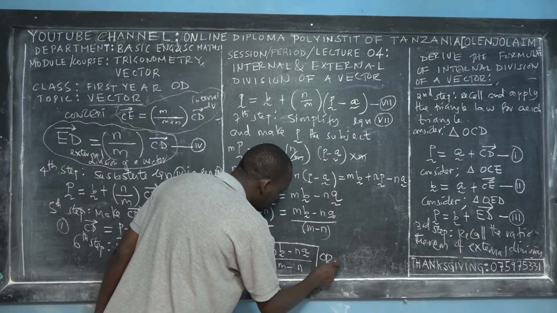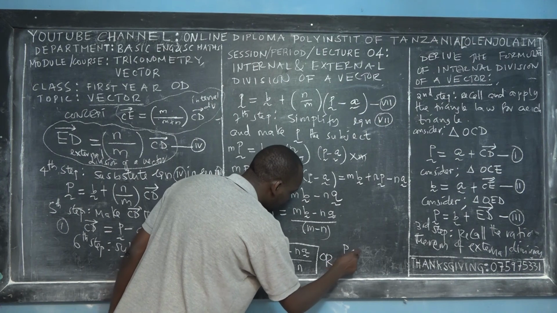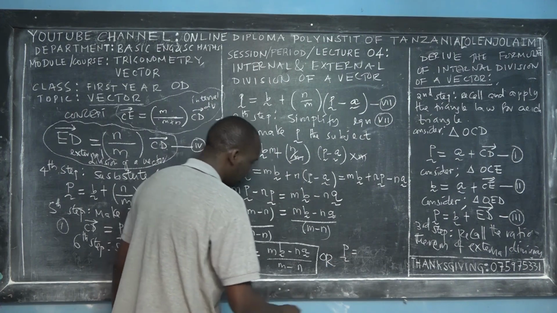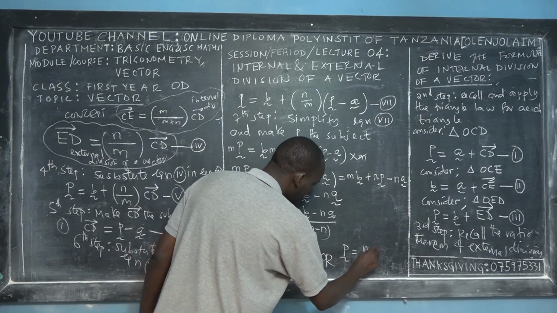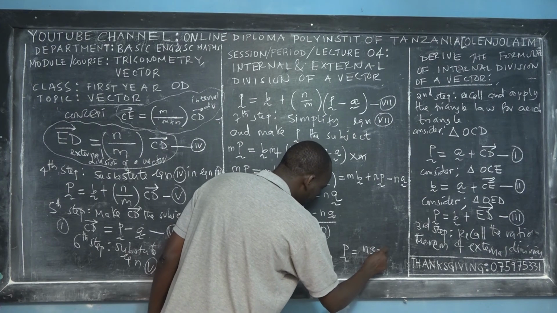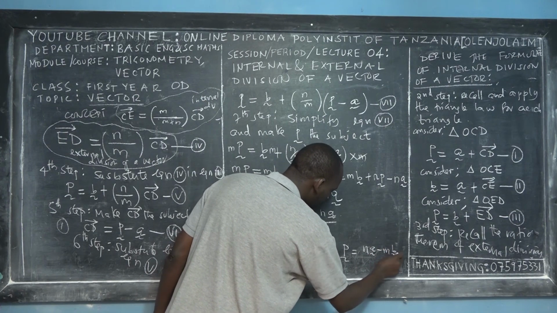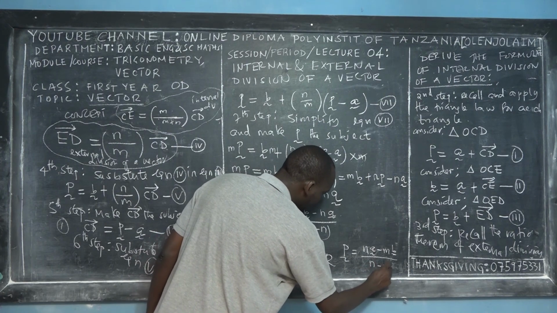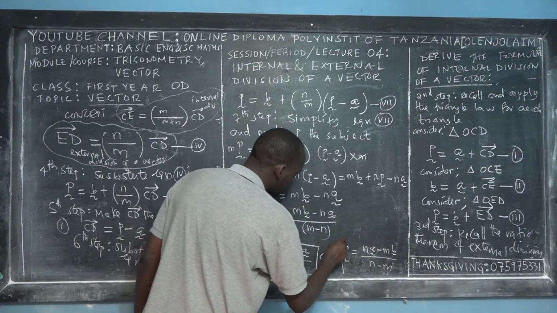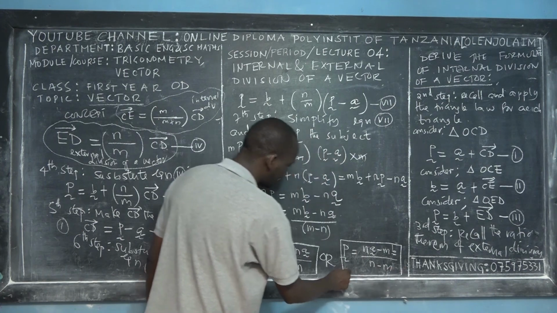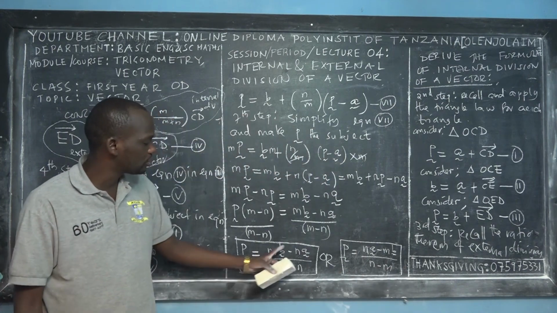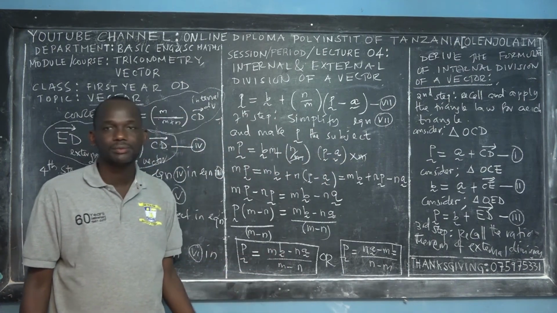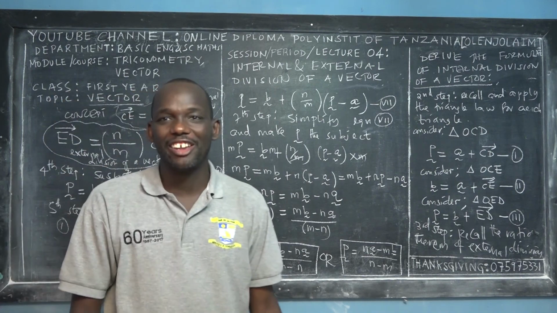Some of the books can write this formula as P is equal to N times positional vector A minus M times positional vector B, but the denominator is N minus M. So what happens in these two formulas is that we just multiply by negative. So this becomes positive, negative. That is it, okay?